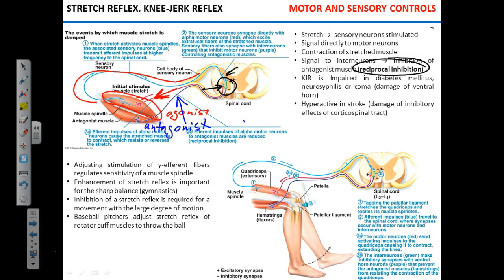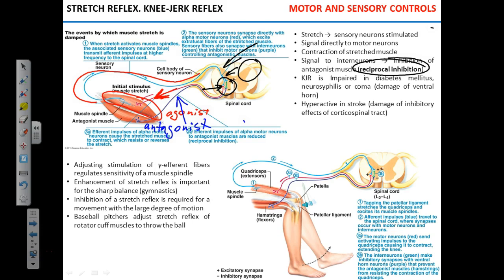Good. What happens afterward, Cody? Through? Okay, easy. Which part of the spinal cord does it go to? Can anybody help?